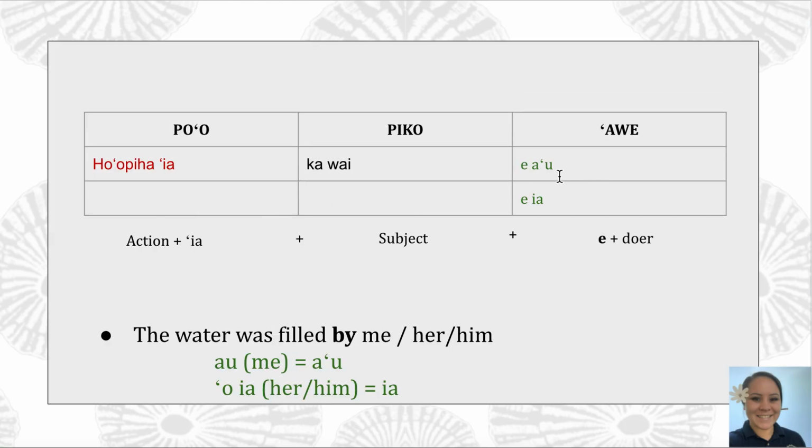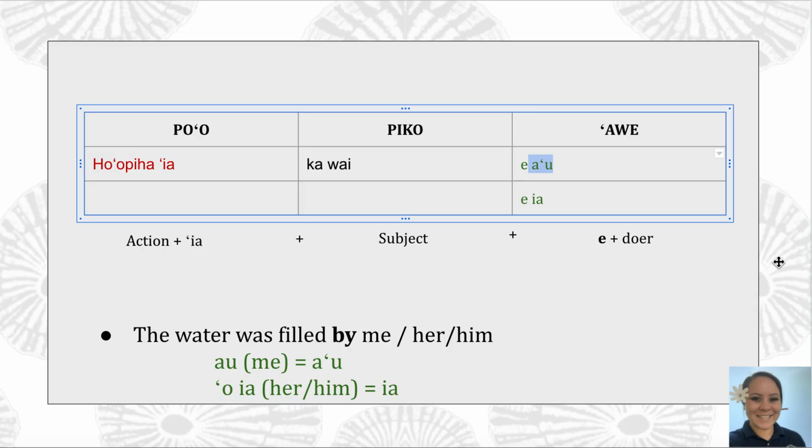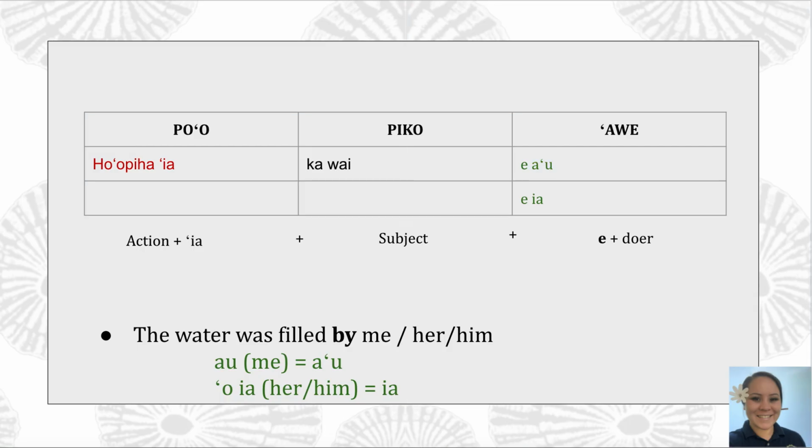We'll often see a'u and ia as well. So ho'opiha ia ka wai, if I wanted to say ho'opiha ia ka wai e a'u, or the water was filled by me, or by him or her, we'll see that the papani looks a little bit different.